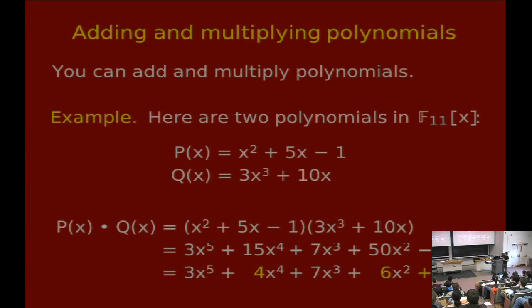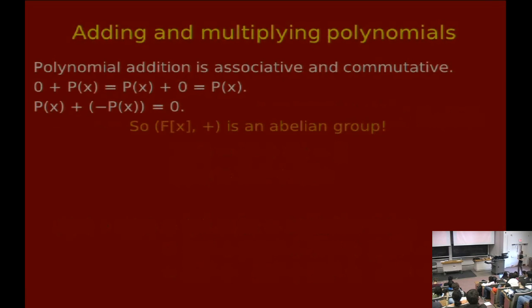And then this bracket X means, when you put it together with the field, this object denotes all polynomials over the variable X with coefficients from the field of integers mod 11. So they can have any degree. Good? Okay, so the set of all polynomials over the field with addition is also an abelian group.